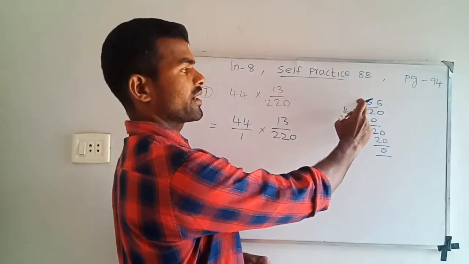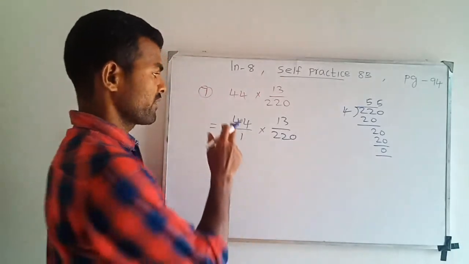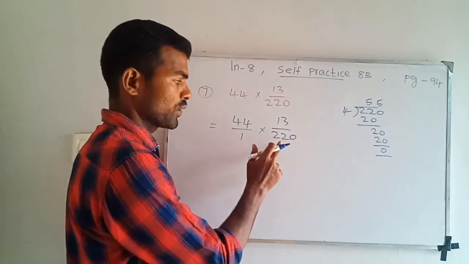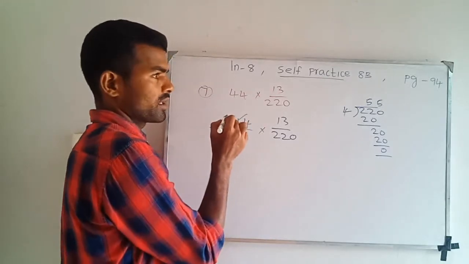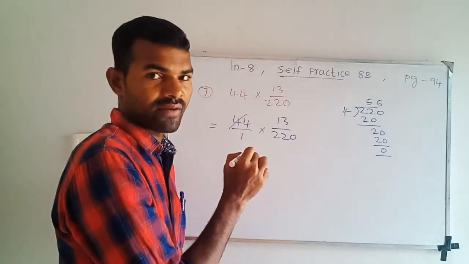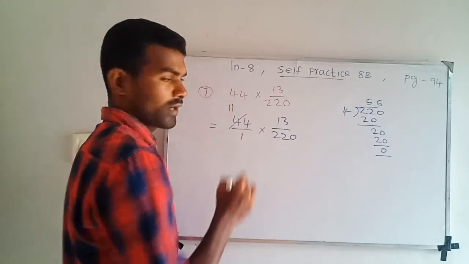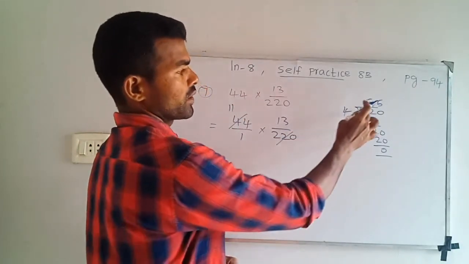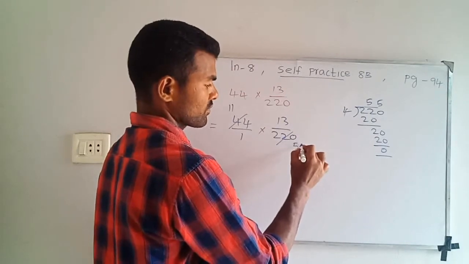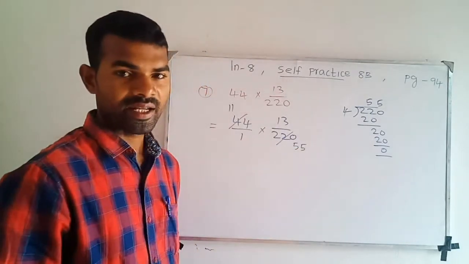So how would it divide? 55 times. So divide 44 by 4 and 220 also by 4. How many 4s here? 10 4s are 40, 11 4s are 44, 11 times. Here in 220 you are getting 55 times.